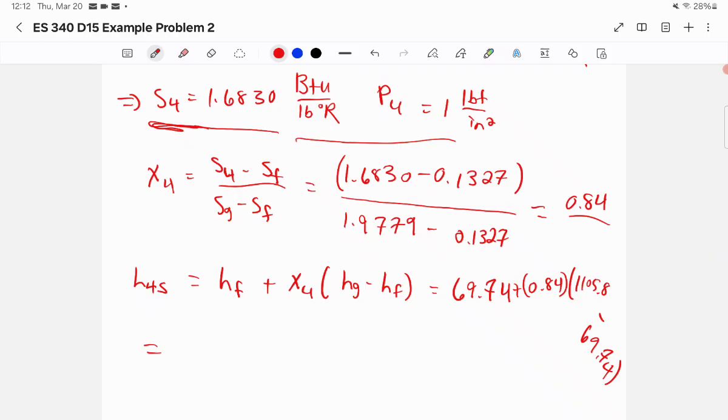And that comes out to be approximately 940 BTU per pound. Okay, so that's what I have for that one.